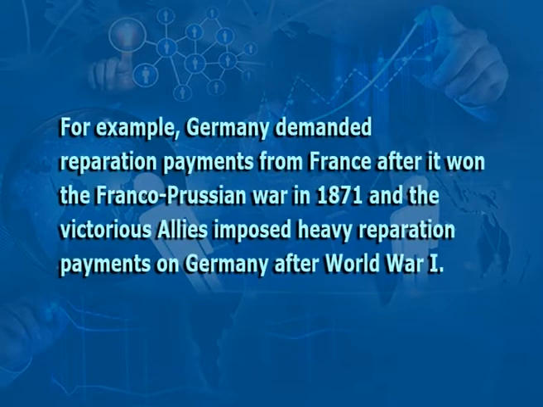For example, Germany demanded reparation payments from France after it won the Franco-Prussian War in 1871, and the victorious Allies imposed heavy reparation payments on Germany after World War I.